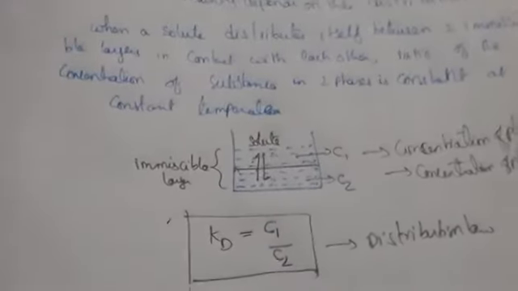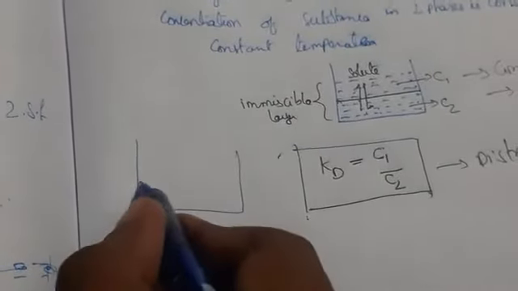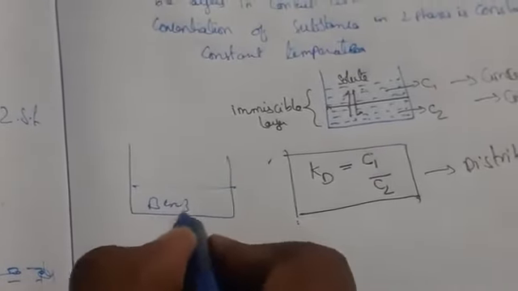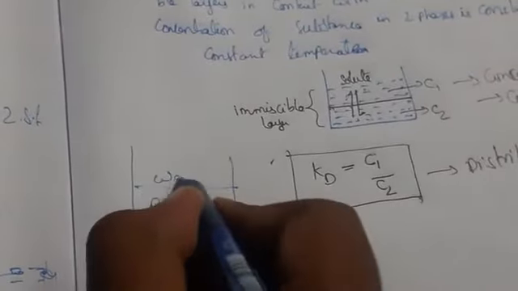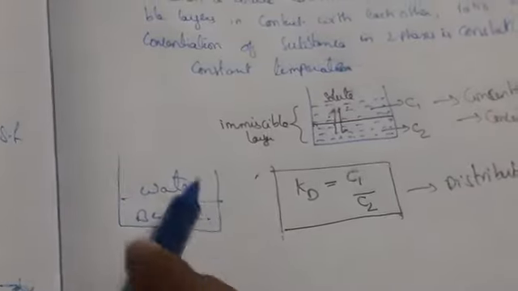Generally, we have different types of examples. If you take benzene and water, think of benzene as an oil and water.